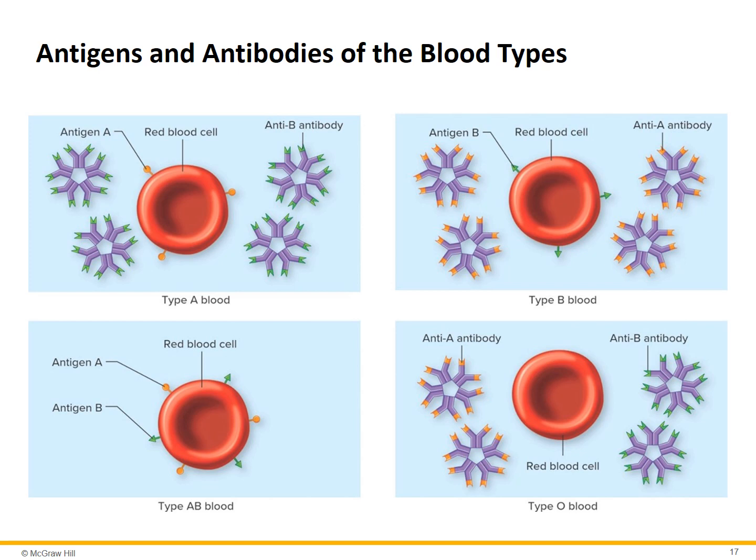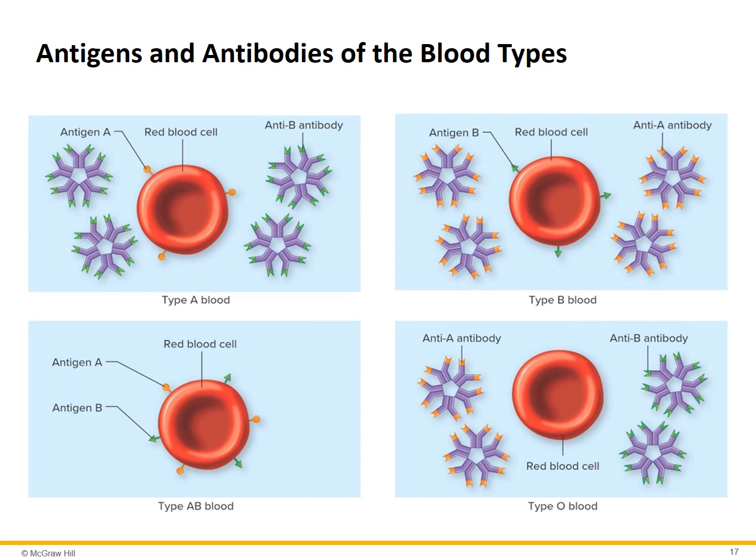This is just giving us a picture of what it would look like. You see antigen A, they're little orange circles. This person has type A blood. They're going to have type B antibodies going across the top. If you have type B blood, you're going to have type A antibodies.